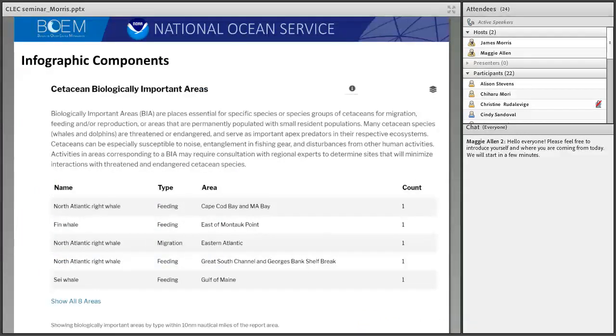So when we say infographics, this is an example of one that we're talking about. Now, this one doesn't have a graphic. A lot of our infographics actually have graphics. But what you're going to see with infographics is there's going to be a title within each of the reports. You'll also have the I button, which gives you additional information on the rules that were used to create that spatial analysis.